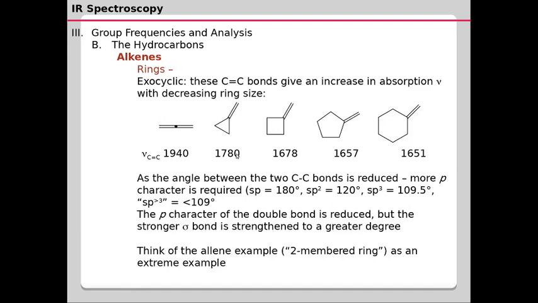So what happens is, as we go all the way from right to left here, the ring size decreases, and when you consider the sp2 hybridized carbon from where the exocyclic double bond starts off, you can see that the bond angle of the carbon-carbon single bonds connected to the sp2 hybridized carbon gets reduced as we go from the larger ring system all the way to the smaller ring system here.